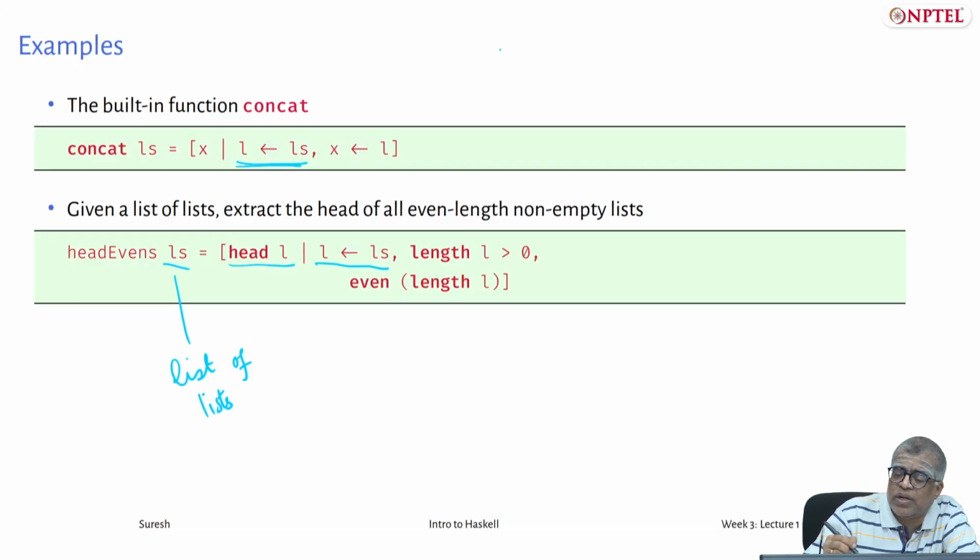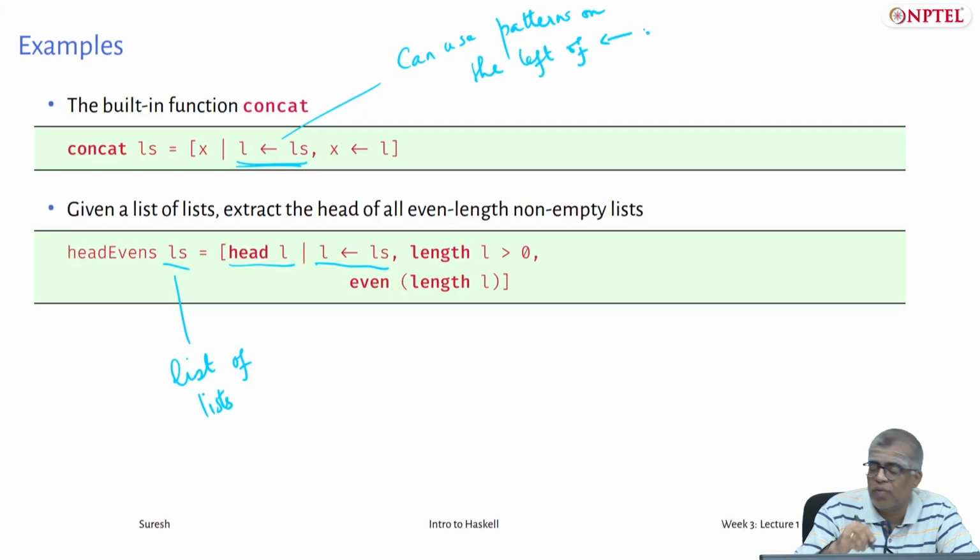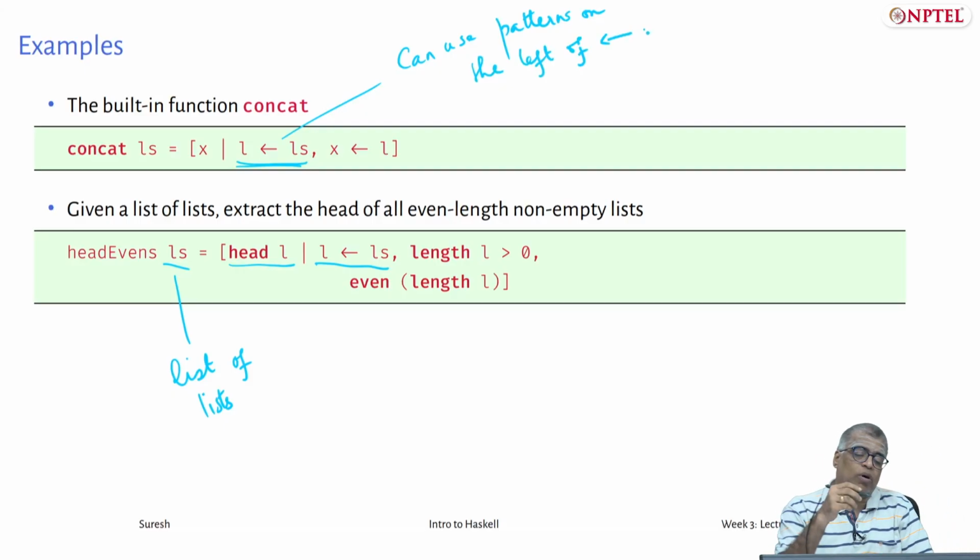It is not mandatory that you only use a single variable, you can also use patterns to the left of this left arrow. So how would you do it?